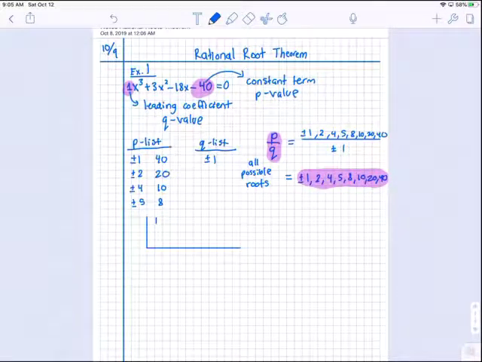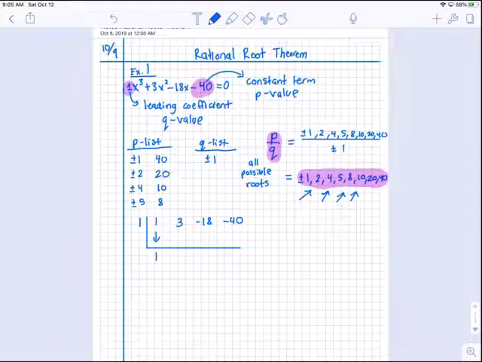So now we have to test a point. So there's my list of all possible roots. Now we have to pick one and see if we get a remainder of 0. If we get a remainder of 0 from using synthetic division, then we know we have a root. So I'm going to pick 1.